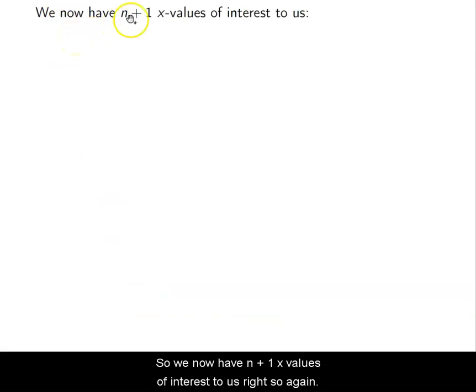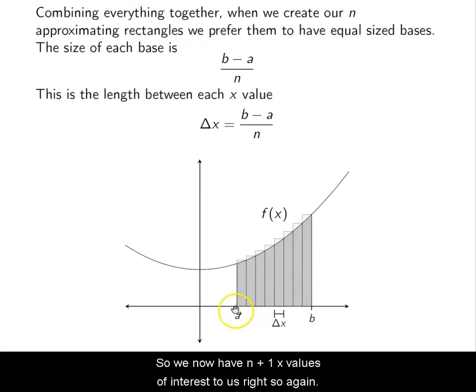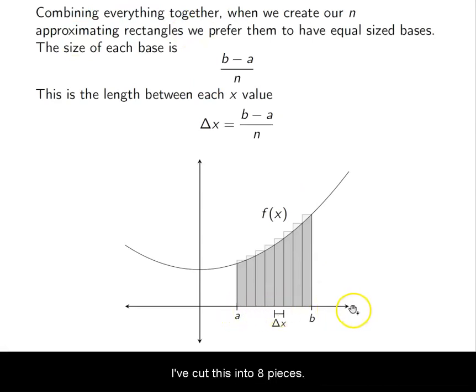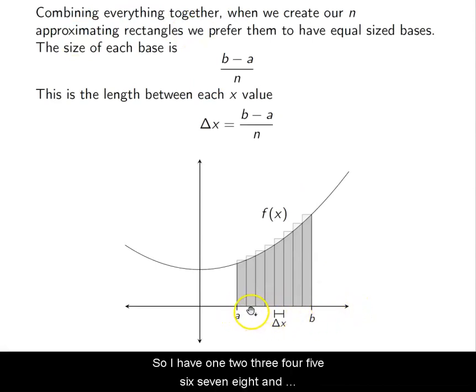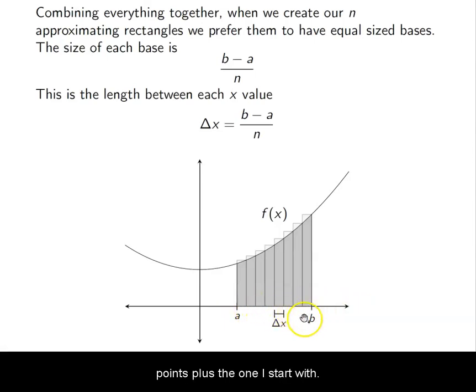So we now have n plus 1 x values of interest to us. Again, I've cut this into 8 pieces, so I have 1, 2, 3, 4, 5, 6, 7, 8 endpoints plus the one I start with. So if I divide this into 8 intervals, there's actually 9 points of x.